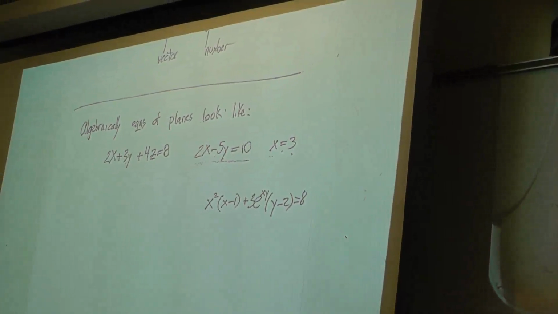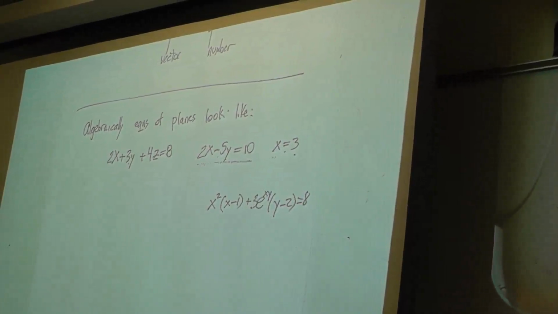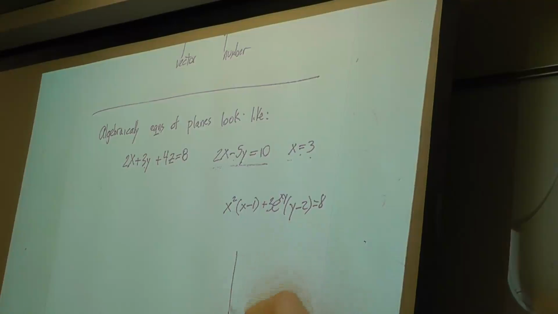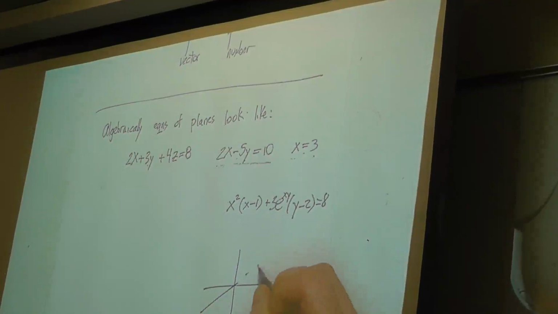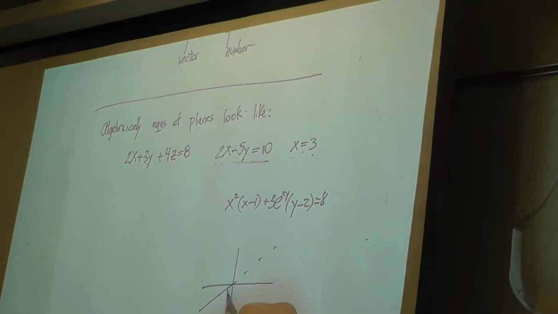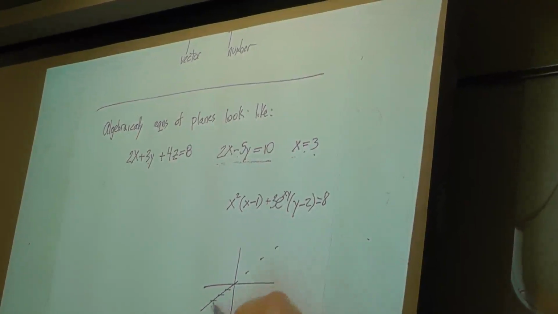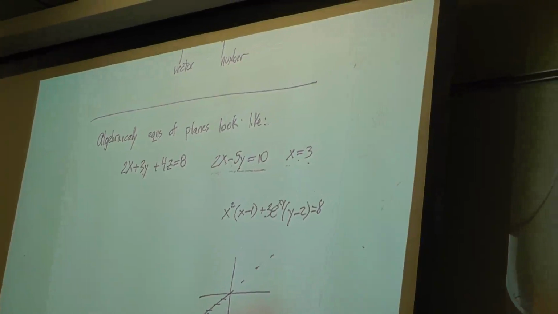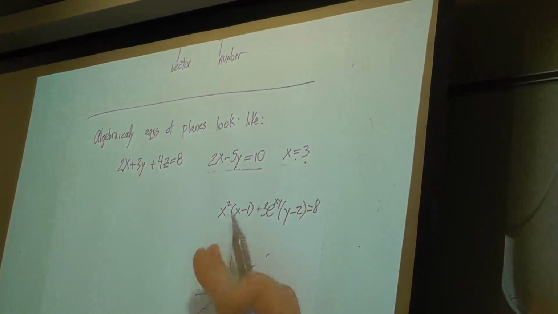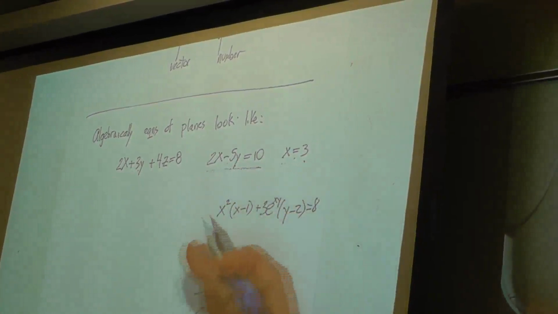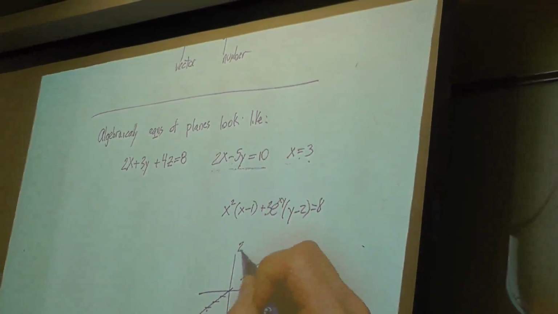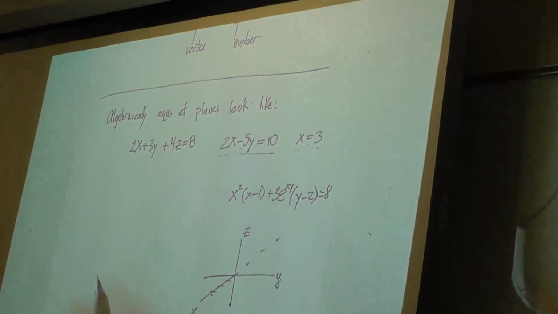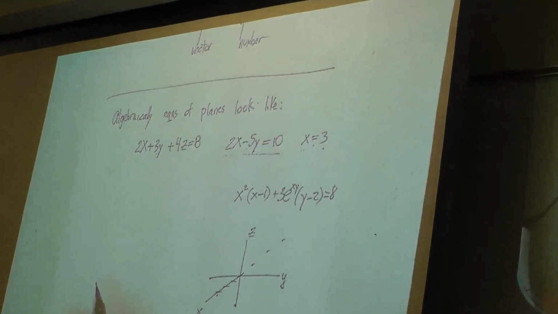If I have a three-dimensional coordinate system, I'm not the best at drawing in 3 dimensions, but if this is x, I would be looking at the plane that is 3 units out. Okay, the plane is parallel to the YZ plane, 3 units out along the x-axis.